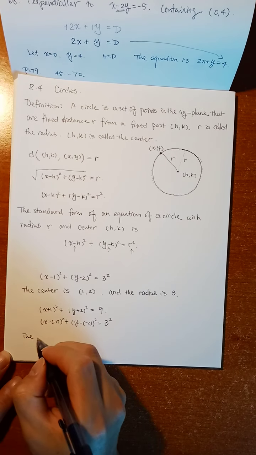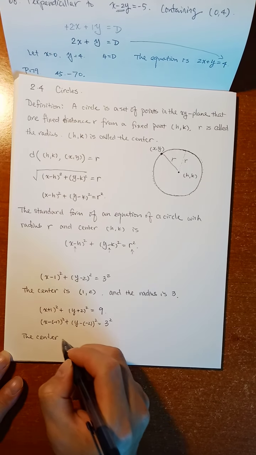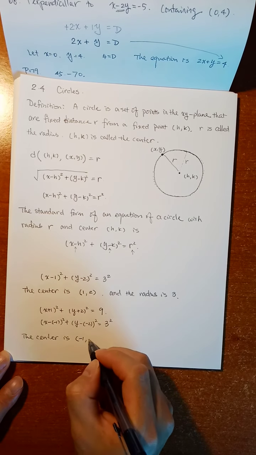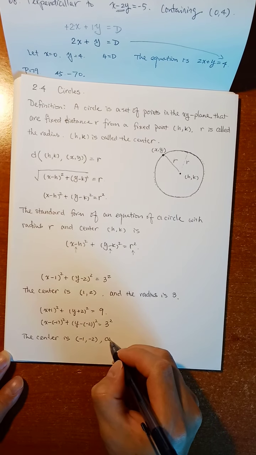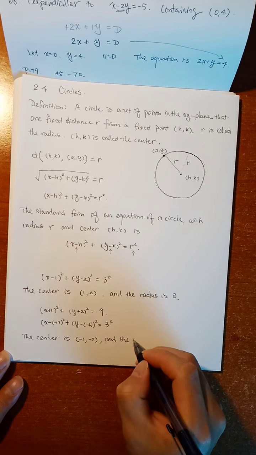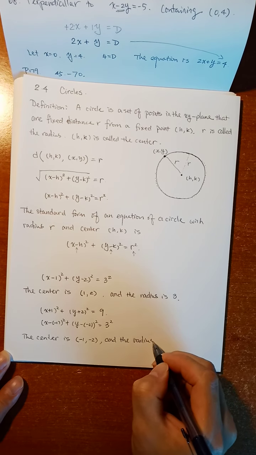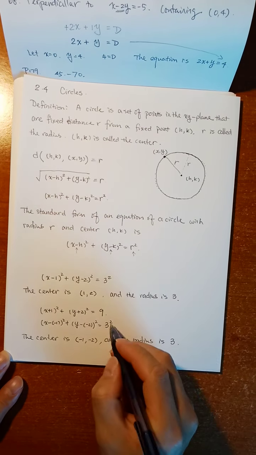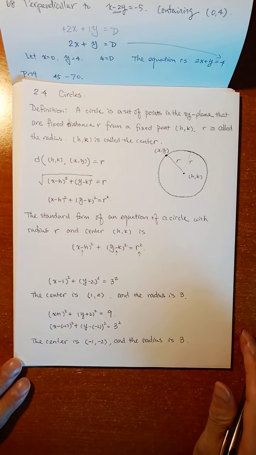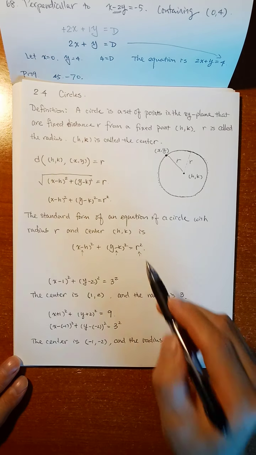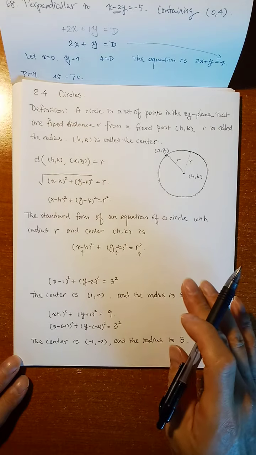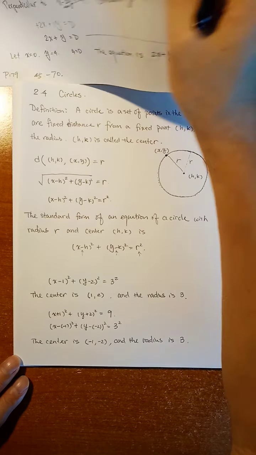So the center is (negative 1, negative 2), and the radius is 3. Be careful, the radius is 3, not 9. In the formula, it's r squared on the right hand side.